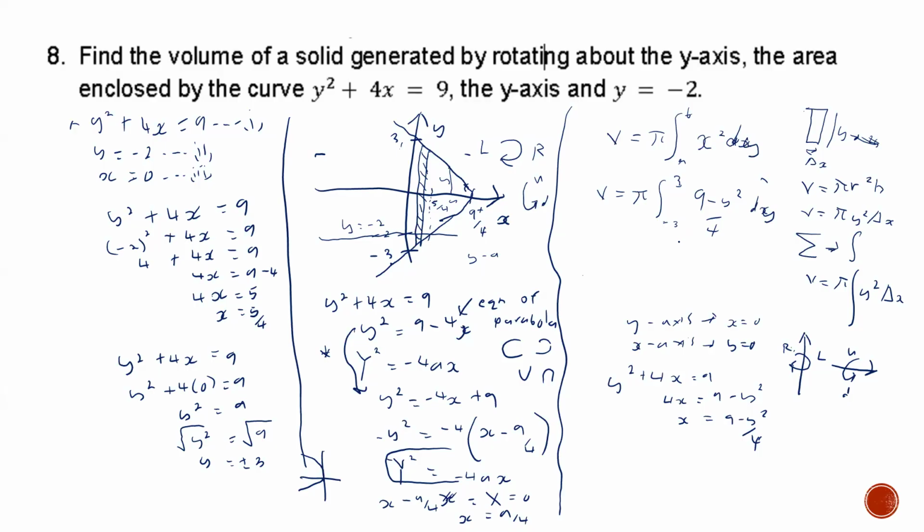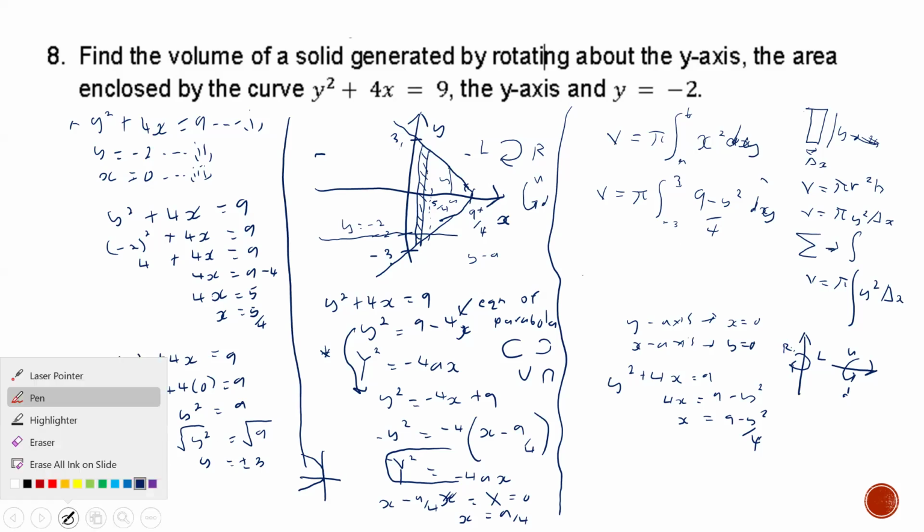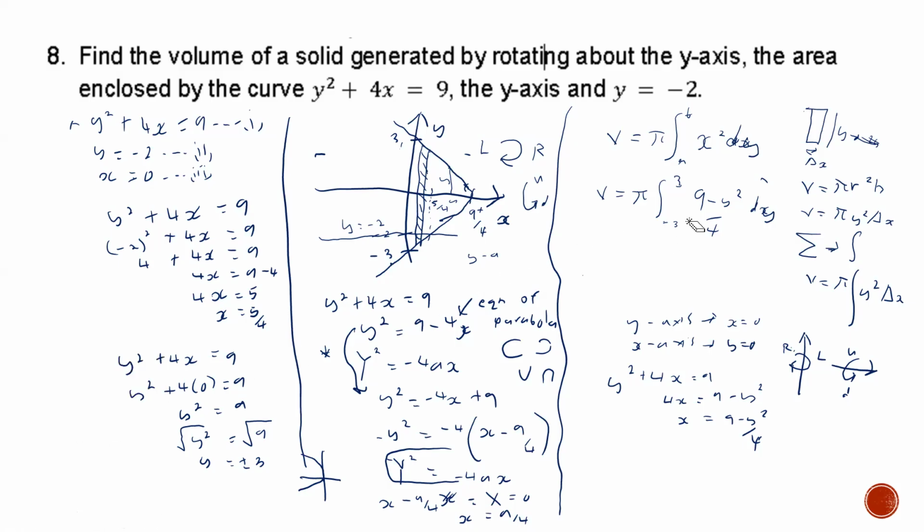Now before I go further, does anyone have any other concern? I want to see that you're on the same page. Since we're rotating about the y-axis and the line y is equal to -2, shouldn't our limit be -2, not -3 and 3? Yeah, I also agree.